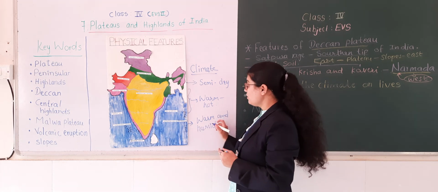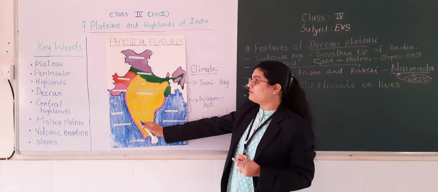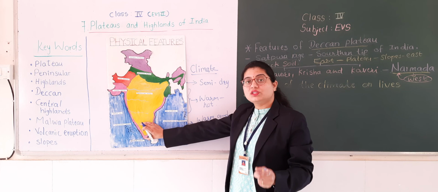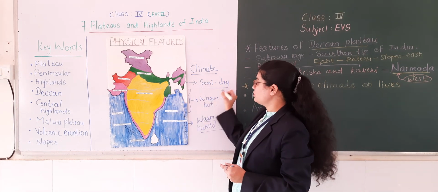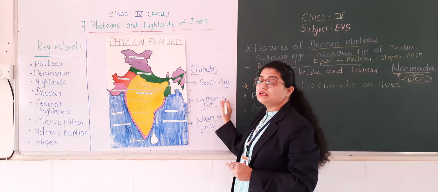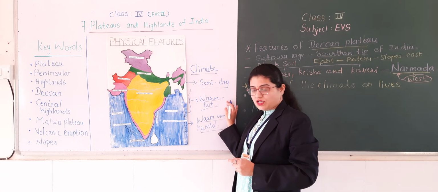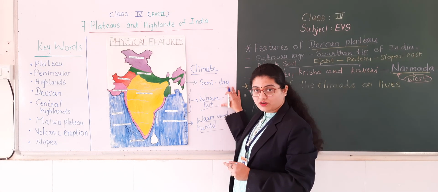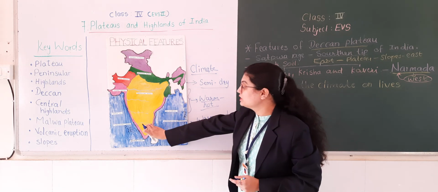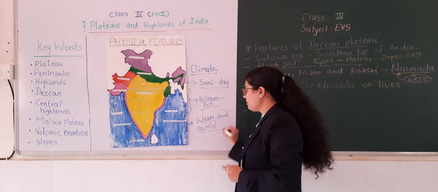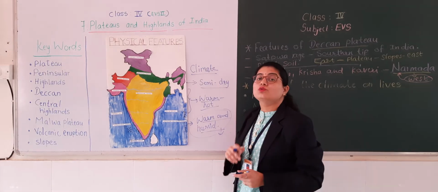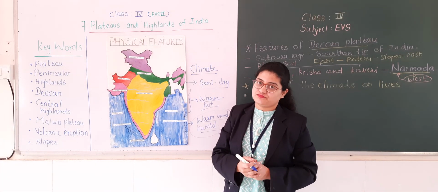Here the atmosphere or climate may change, as we have a rainy season also, but at the southern tip of India, we experience warm and humid atmosphere throughout the year.